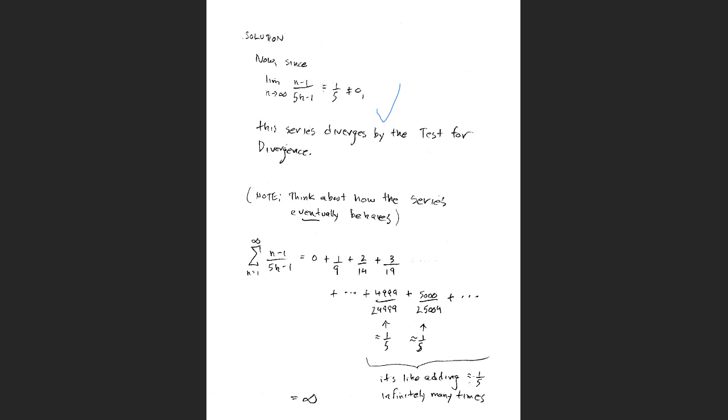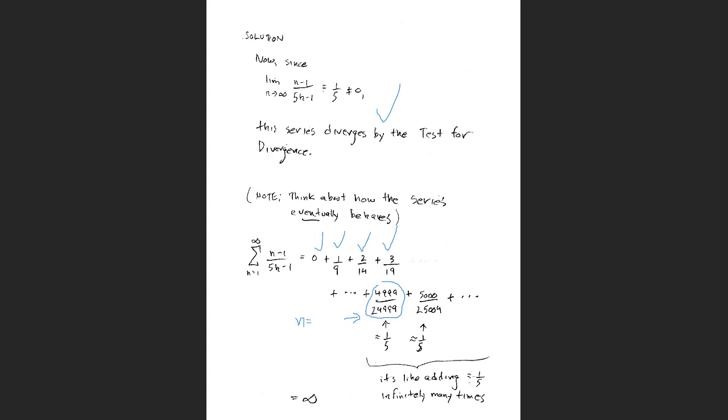Well, the series doesn't really have a tail, but here I have the first term, second term, third term, fourth term of the series, and the series keeps going. And here, 4,999 over 24,999, what term is that in the series?